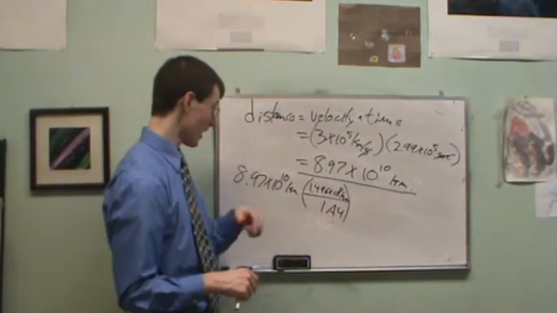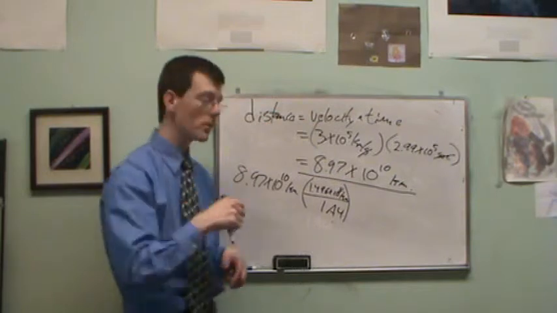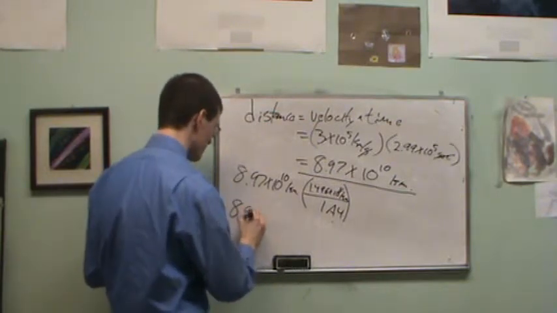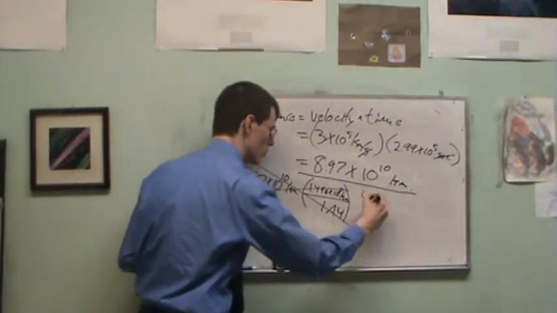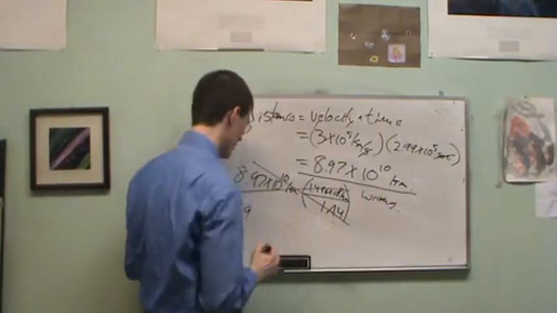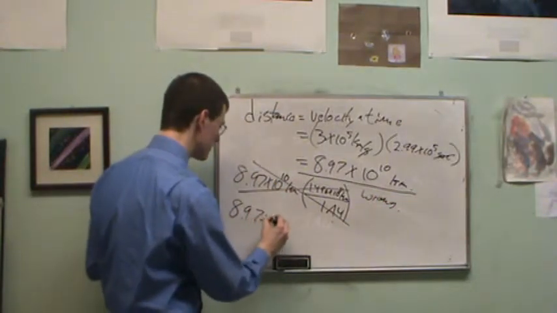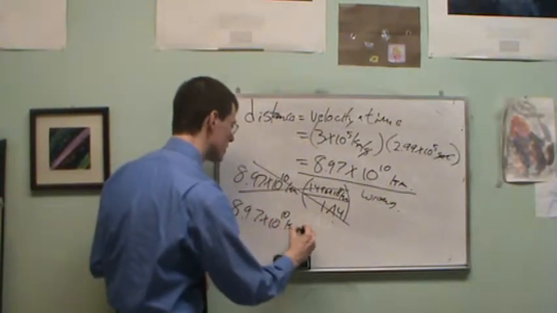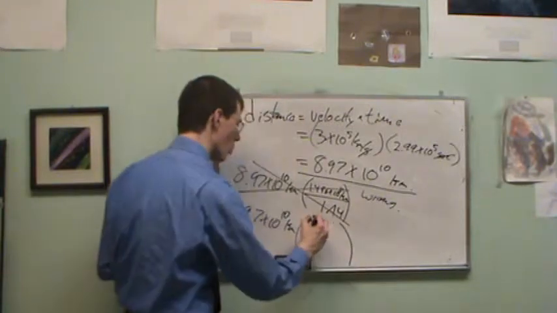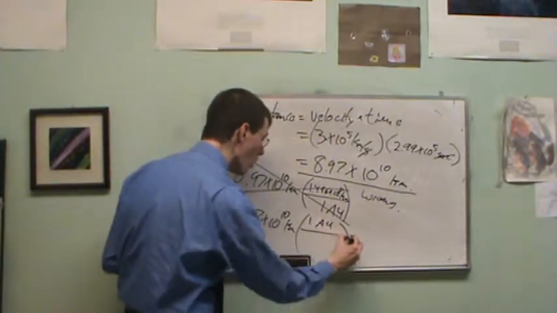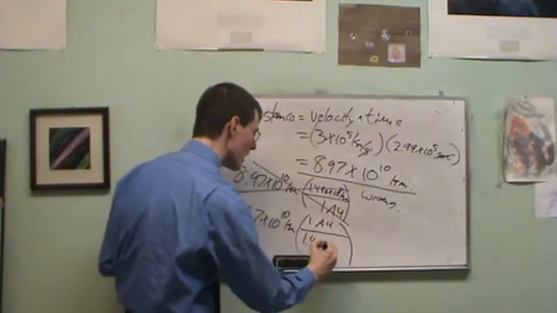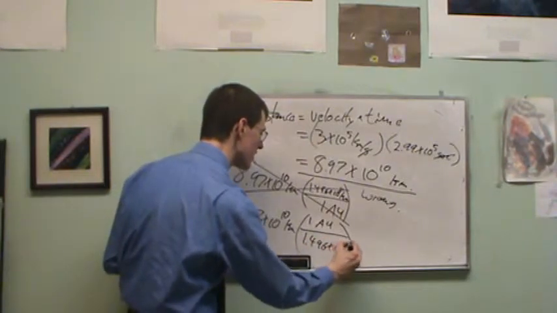Well, that means I'm not going to multiply. It means I need to divide. So this is wrong. Instead, 8.97 times 10 to the 10th kilometers times 1 AU over 1.496 times 10 to the 8th kilometers.